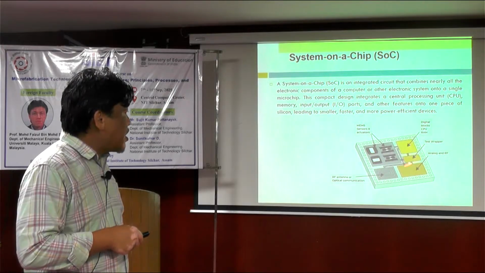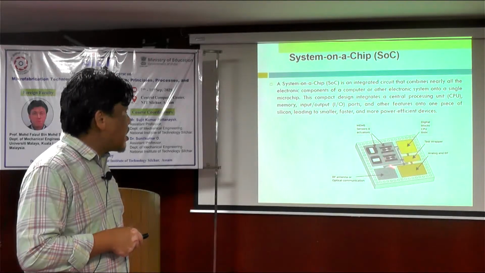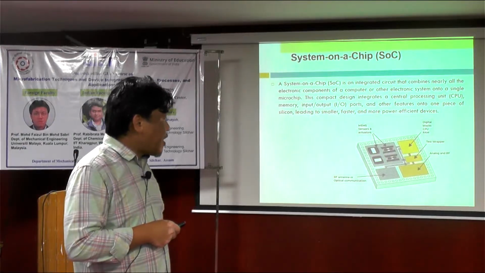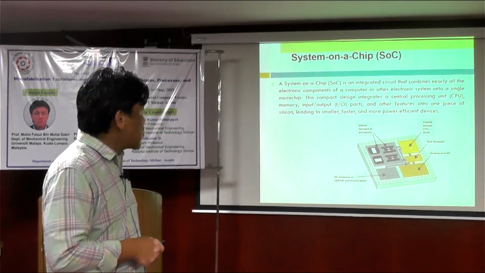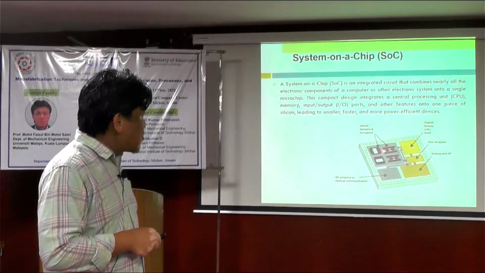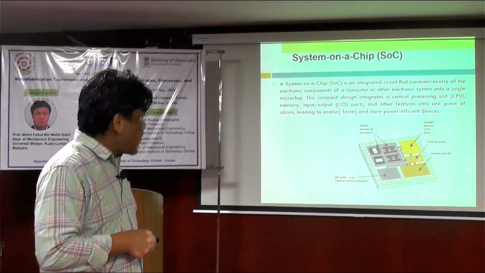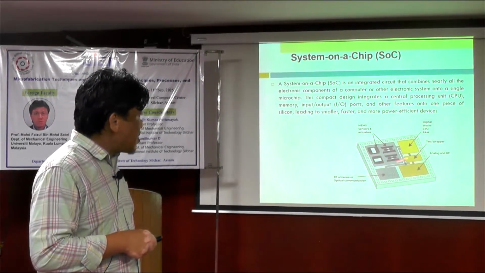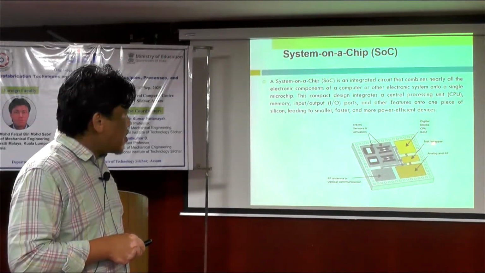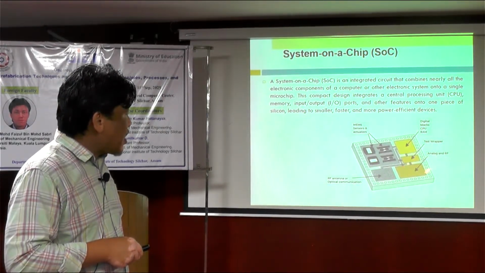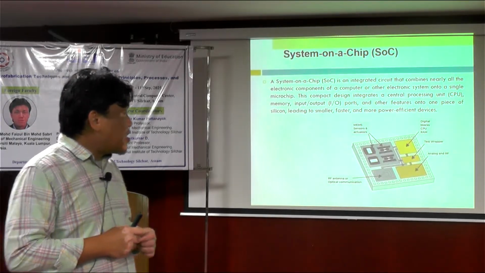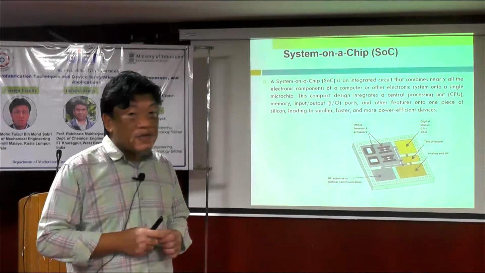But here with this kind of SoC, we can have smaller, faster, and more power-efficient devices. In this case, we have a MEMS and sensor actuator here. Then we have an RF antenna for communication. Then we have a CPU, RAM, test wrapper, and analog RF. So this will make this small device an operating device by itself.